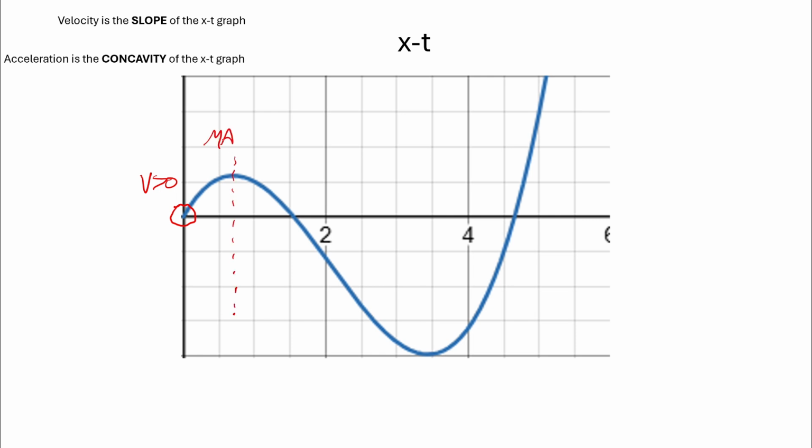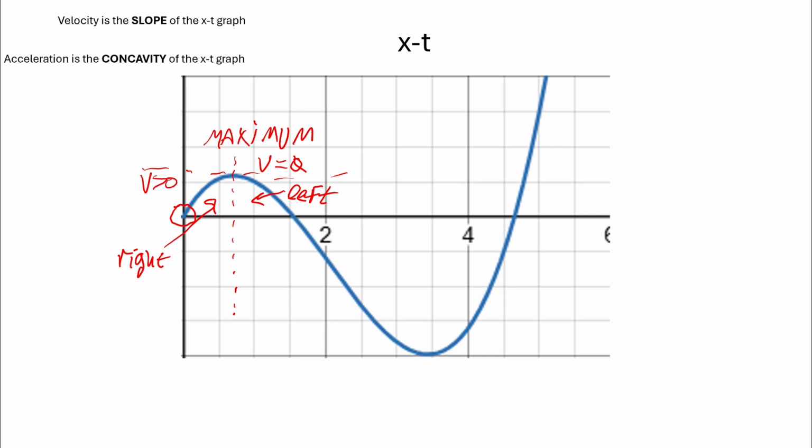This is its maximum. You can also call the maximum the turnaround point. But what's significant about a maximum is that at the maximum, the velocity is 0 because the slope is 0. It's a flat line there. That means that over here, the object is moving right. And over here, the object is moving left.